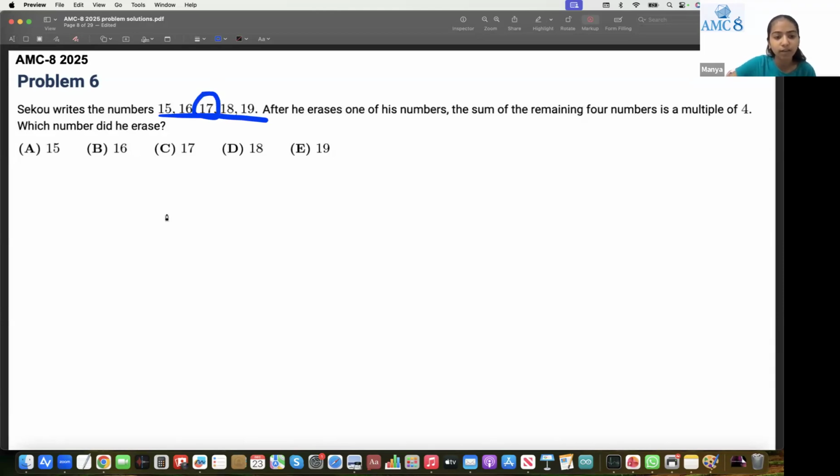And so it would be 17 times 5, which will be giving us 85. So if we add all these numbers together, we would still be getting 85. So 85 is our total, but now he erases one of these numbers and we end up with a multiple of 4.